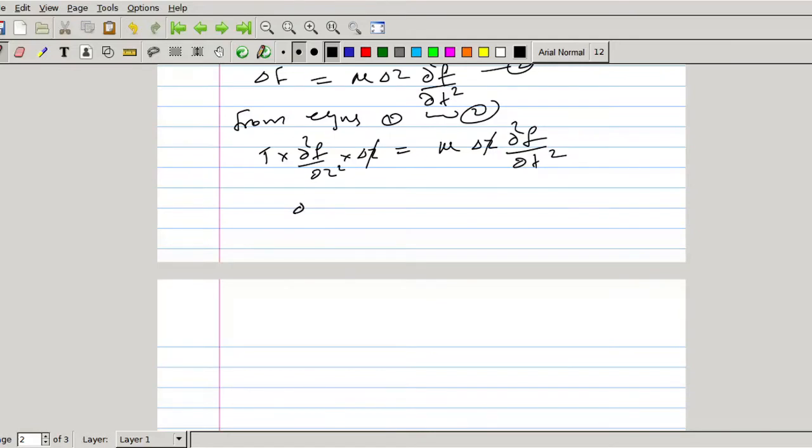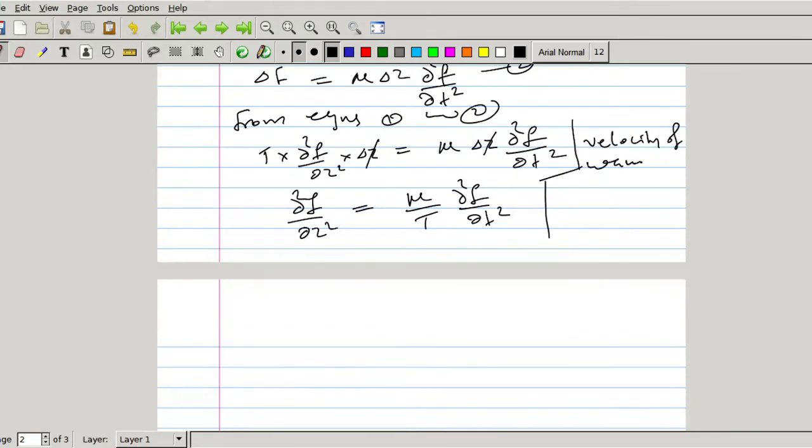You can write this as dou square F by dou Z square equal to mu by T into dou square F by dou T square. This mu by T we can represent in terms of velocity of wave in a stretched string. The expression for velocity of wave in a stretched string is given by V equal to root of T by mu, where T is the tension and mu is the linear density of string.